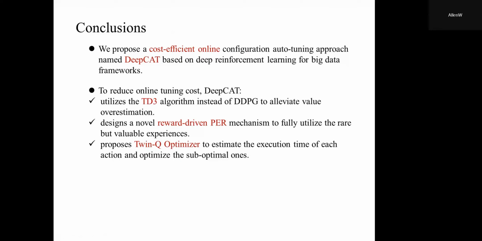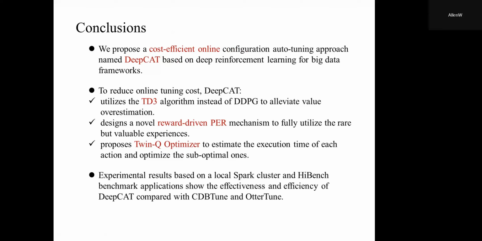And we design a global reward-driven prioritized experience replay mechanism to fully utilize the real but valuable experience. And we propose the Pengfei optimizer to estimate the execution time of each action and optimize the suboptimal one. Experimental results based on a local Spark cluster and HiBench benchmark applications show the effectiveness and efficiency of DeepCAT compared with CDBTune and Ottertune.